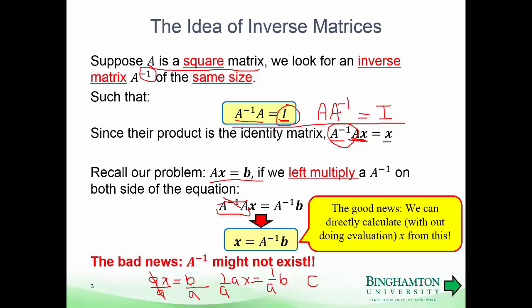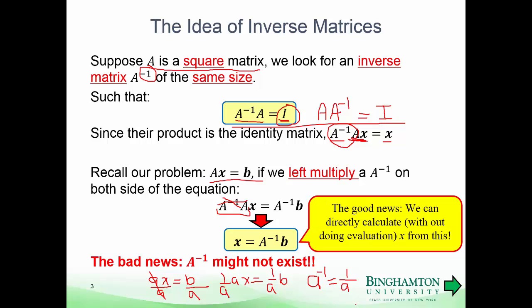Well, we could just as easily say A inverse. What does A inverse mean? In the scalar world, it just means the reciprocal of A. And does that always exist? Well, it'll exist any time A is not equal to 0.